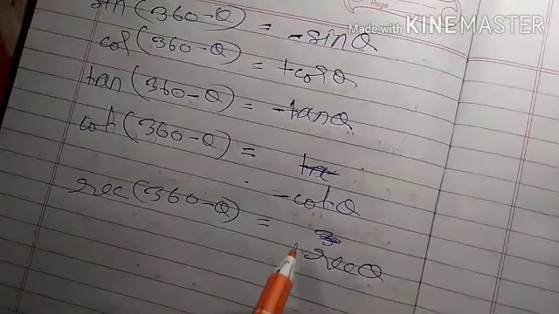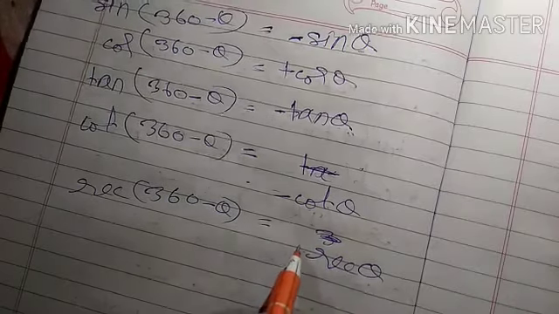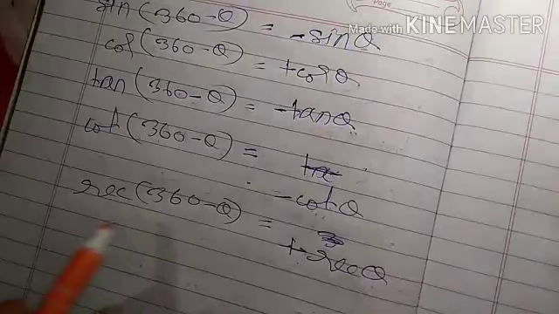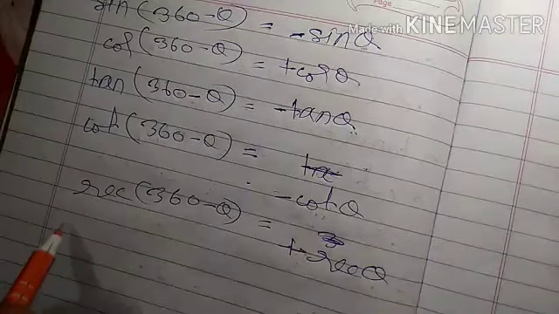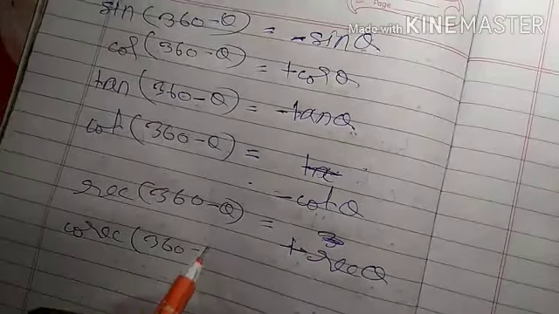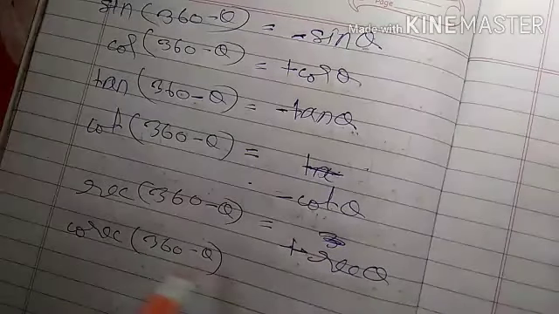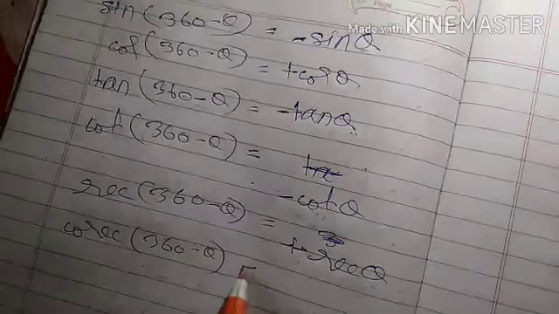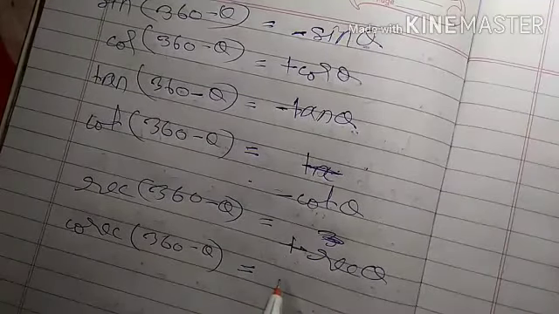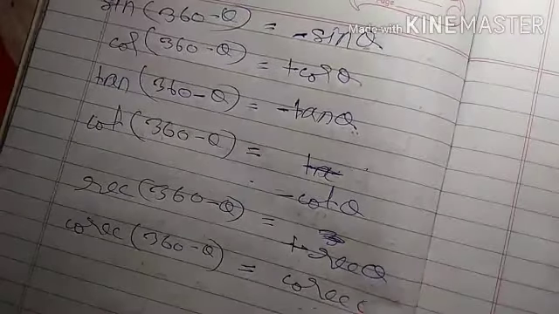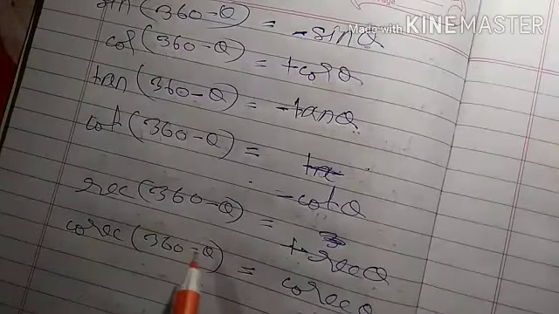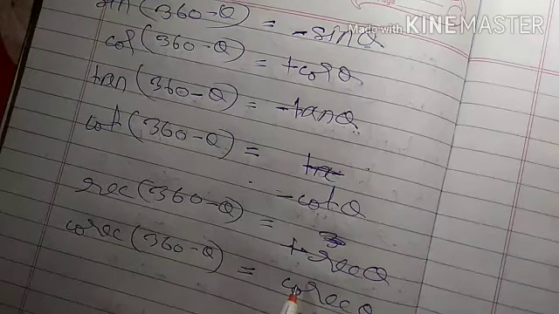Next, cosec 360 minus theta. Functions change is not allowed, so cosec theta, and in the fourth quadrant only cos theta and sec theta are positive and four other functions are negative, so cosec theta is negative.